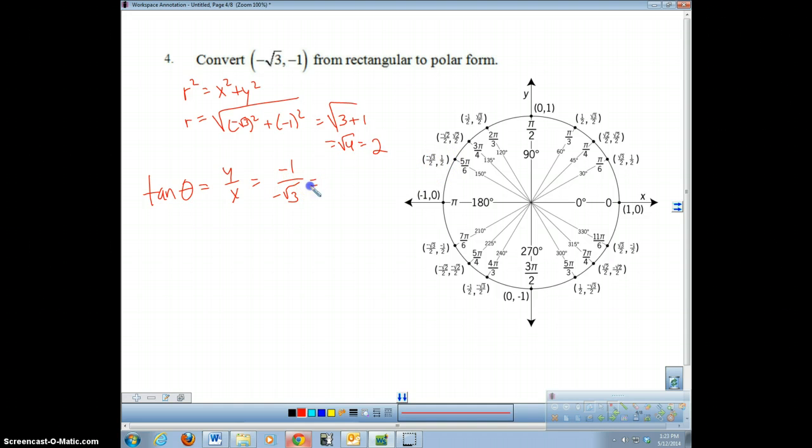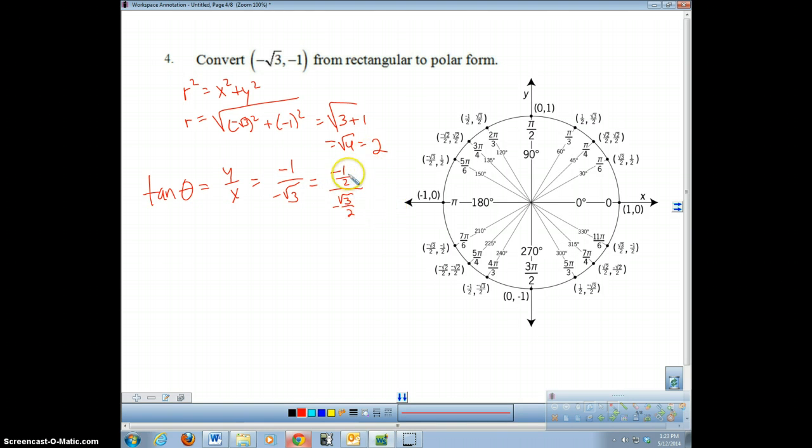So I put that as negative 1 over 2 over root 3 over 2. Again, these are the coordinates in our unit circle, and if I simplified this, I would get negative 1 over negative root 3. And if you watch my video on using inverses in the unit circle, you should remember when we did this.